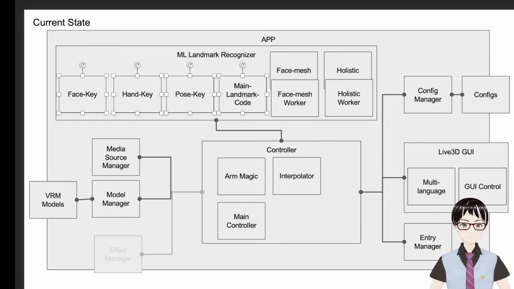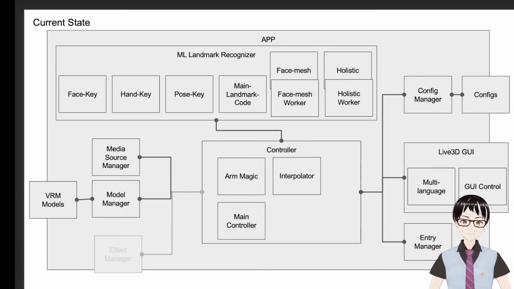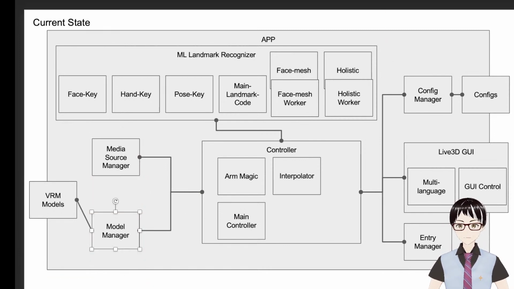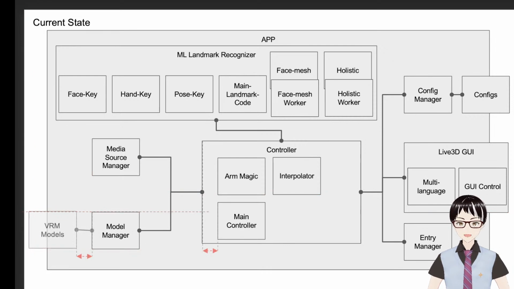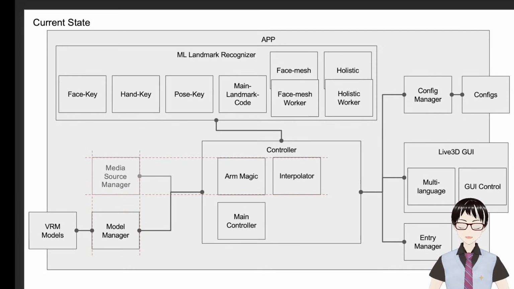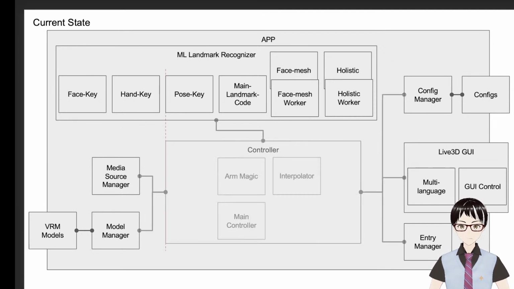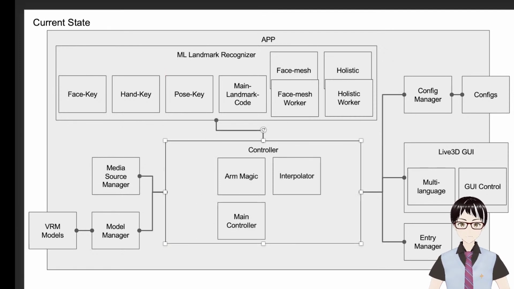Right? So let's see. Okay, so see, we're not using this. Let's delete that. We have the model manager managing VRM file. I think it's good. We have the media source manager. I don't think we need to change it. The controller itself is working reasonably.